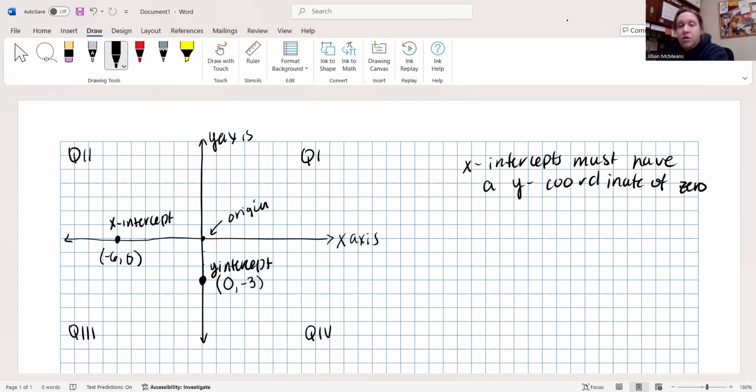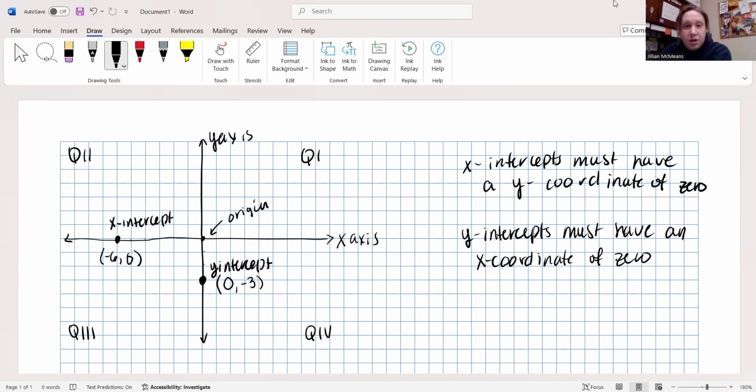If I have anything other than 0 for x, I'm either to the left or to the right of the y-axis. I'm not on the y-axis. So y-intercepts must have an x-coordinate of 0. So pause the video, make sure you get that written down, make sure you understand it.